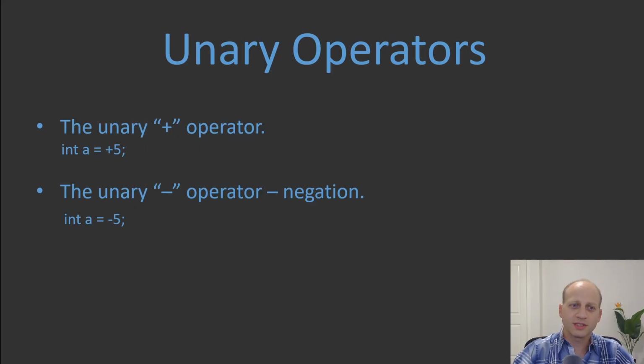So in this case, plus 5 is simply 5. The second one is minus, which means negation. In other words, it takes the argument and returns the negative value of the number. In the case of the second example, a will be minus 5.